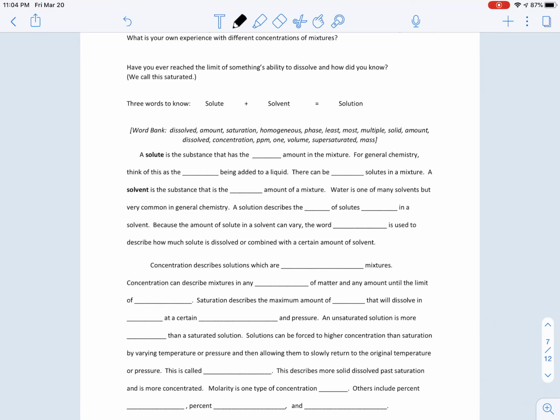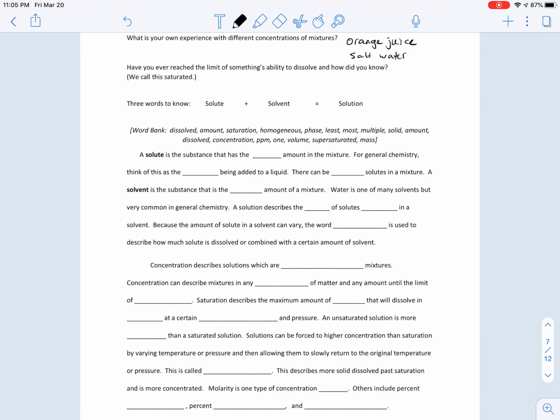Just to give you some reference, what is your own experience with different concentrations of mixtures? I'd like you to stop and see what you are thinking about when you think about mixtures and concentration. Some people might be thinking of orange juice. If you buy concentrated orange juice and add 2 cans of water like it says, or 3 cans or 4 cans, you're going to get really diluted orange juice if you add a whole lot of water into it.